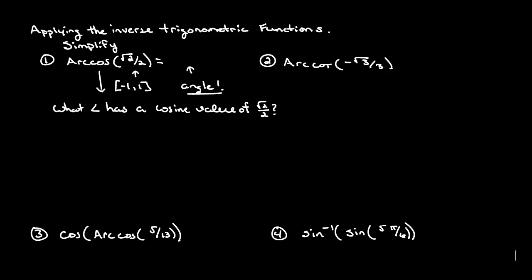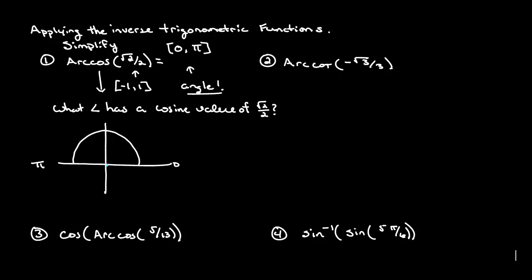Now remember, because of the range of the arc cosine function, the only angles that can come out are between 0 and pi. So we need an angle between here and here that has a cosine value of square root of 2 over 2.